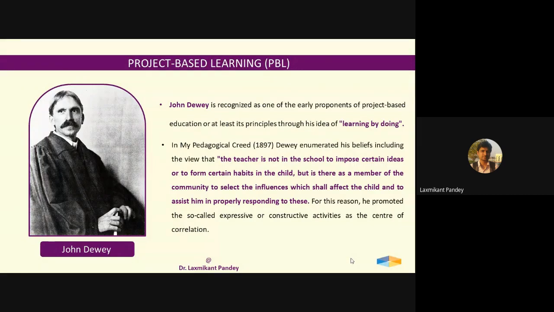His view was that the teacher is not in the school to impose certain ideas or to form certain habits in the child, but is there as a member of the community to select the influences which shall affect the child, and to assist him in properly responding to these.